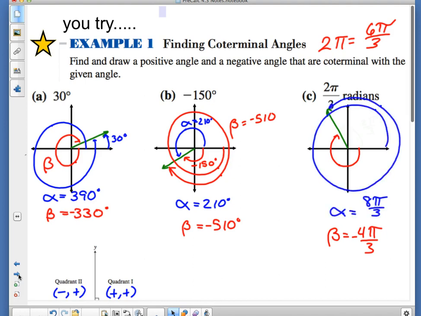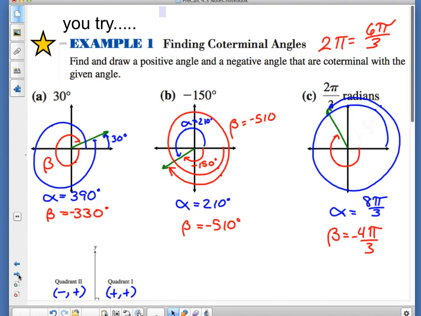One full revolution away. But I have to know what form I'm going to be working with, whether it's radian or degree. If it's degrees, full revolution is 360. If it's radian, full revolution is 2 pi. Okay, and pay attention if it's in fraction, you got to have it in fraction form so you can easily work with it. Any questions about those?